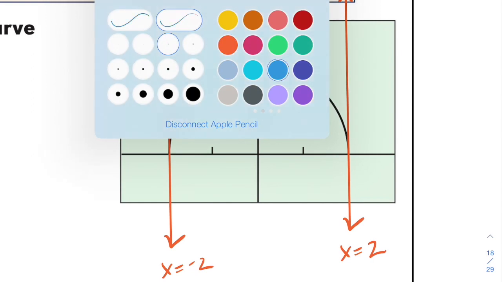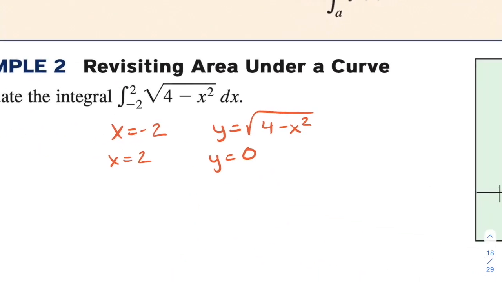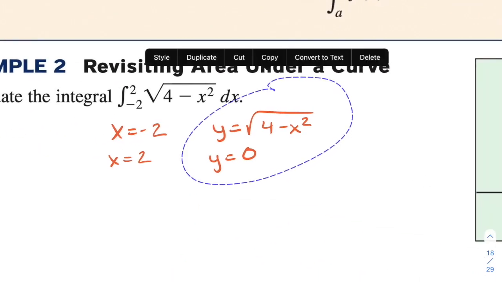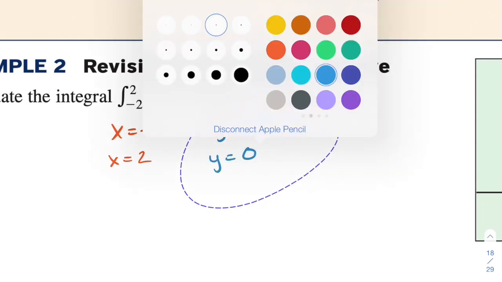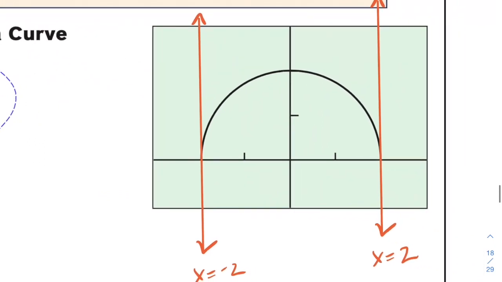We also have y equals. So I'm going to start with y equals 0. Okay, so we have y equals 0. Here's this one. That line's a little bit too long. I'm sorry. Give me a second. There we go. We have y equals 0.